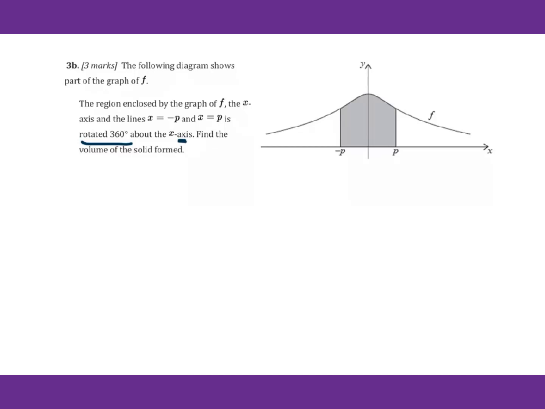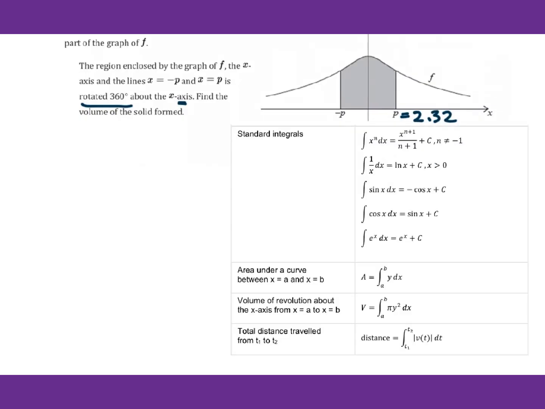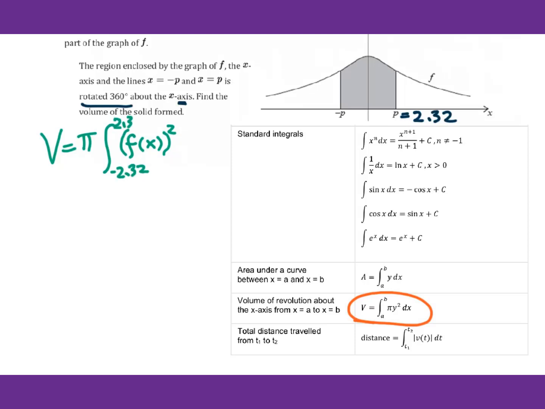From 3a, we know p equals 2.32. According to this formula, we can get the volume equals pi times the integral of f of x squared from negative 2.32 to 2.32 dx.